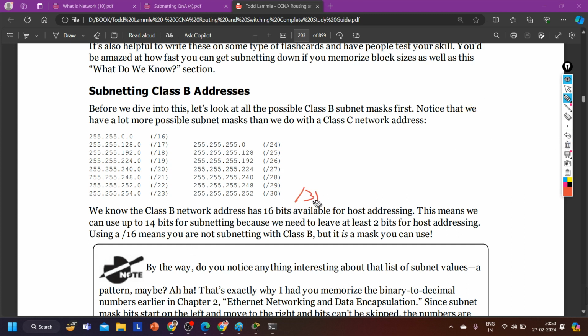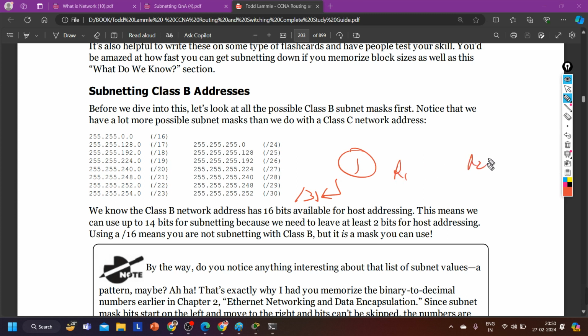If you use /31, you will get only one IP address, and at least you need two IP addresses in a network.